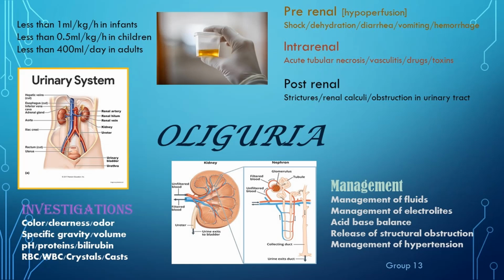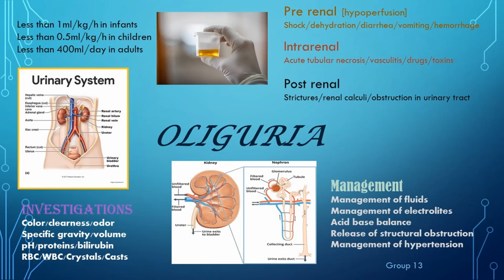The chemical analysis includes pH, protein, bilirubin, creatinine and reducing substances. In microscopic analysis, the presence of red blood cells, white blood cells, crystals and casts are checked. In serum analysis, we look at the blood urea, creatinine, electrolytes, especially potassium, and arterial blood gas analysis.